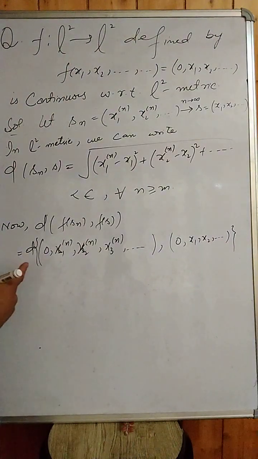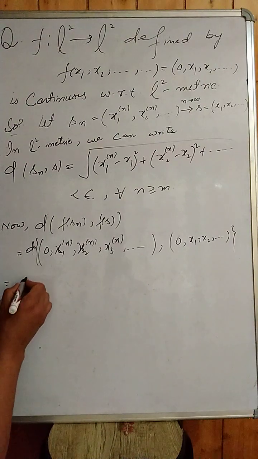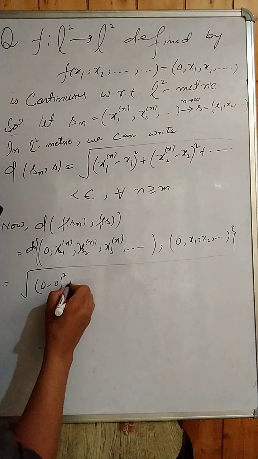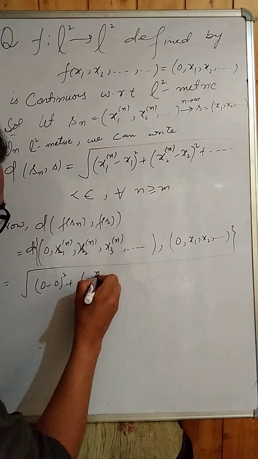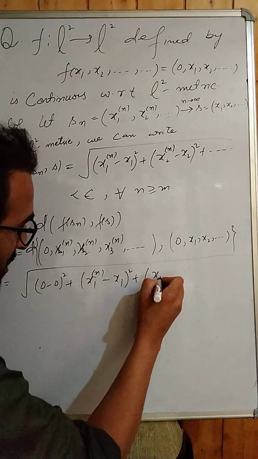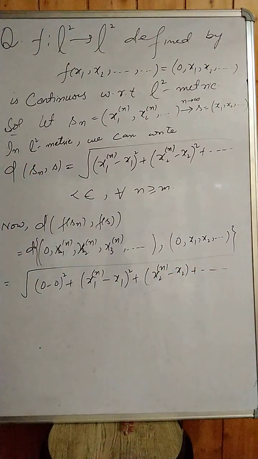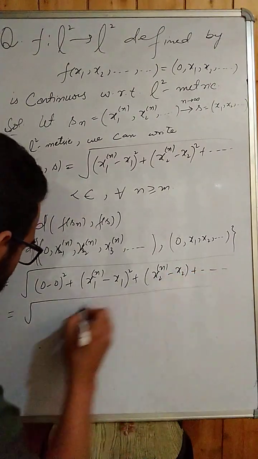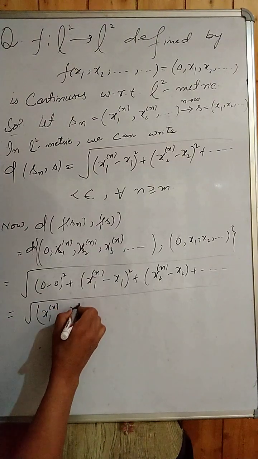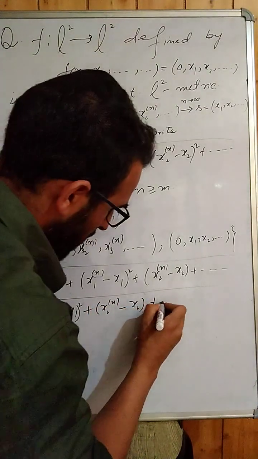And by the definition of the L2 metric, we can write it like this: the square root of 0 plus (x1n minus x1) whole square plus (x2n minus x2) whole square plus so on, and that is equal to the square root of (x1n minus x1) whole square plus (x2n minus x2) whole square and so on.